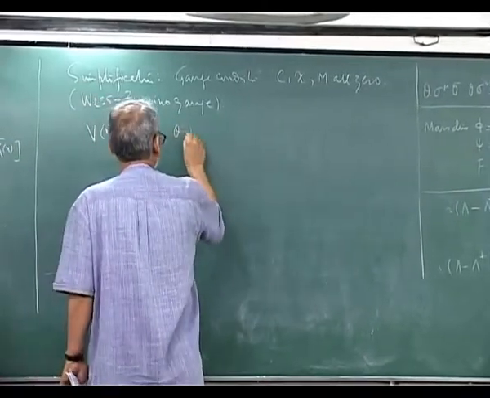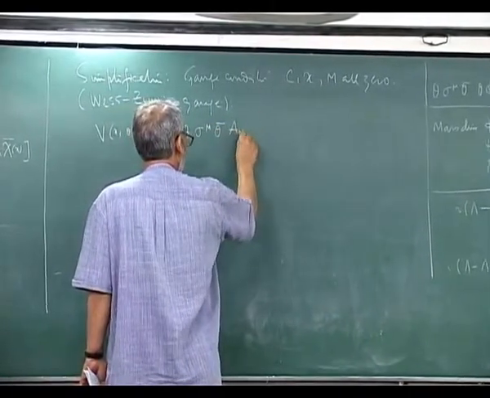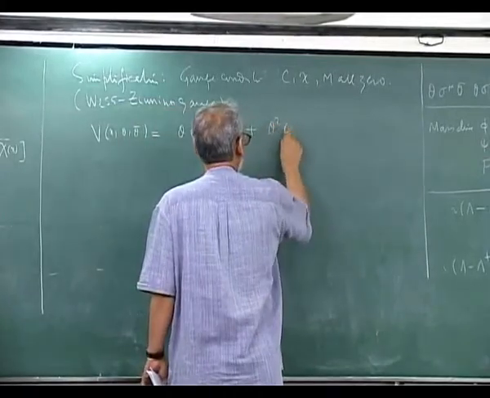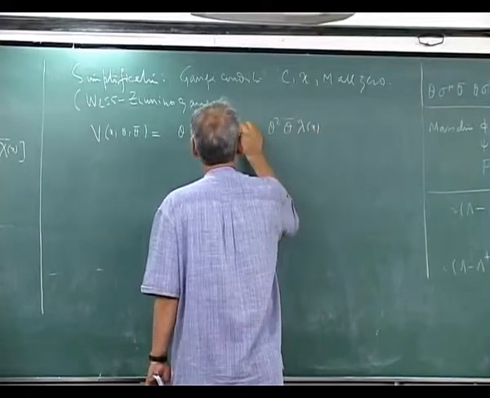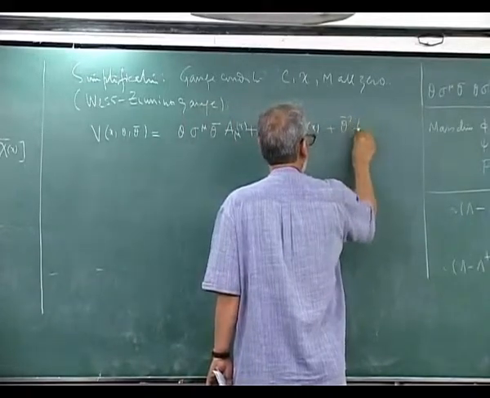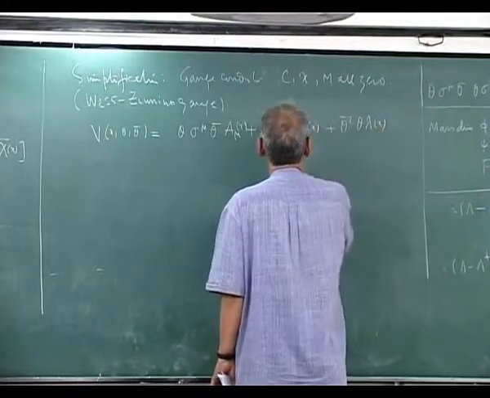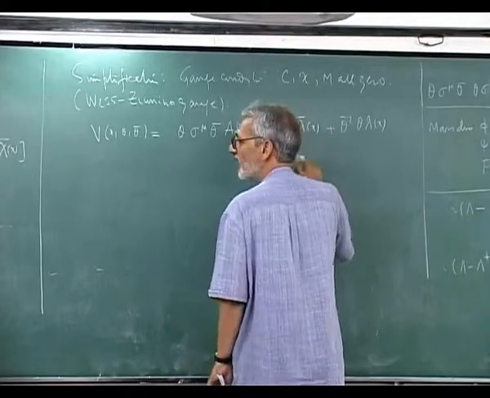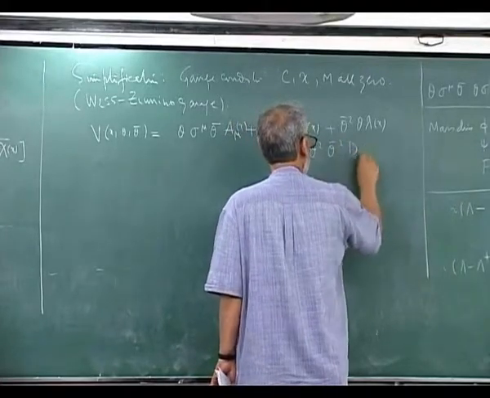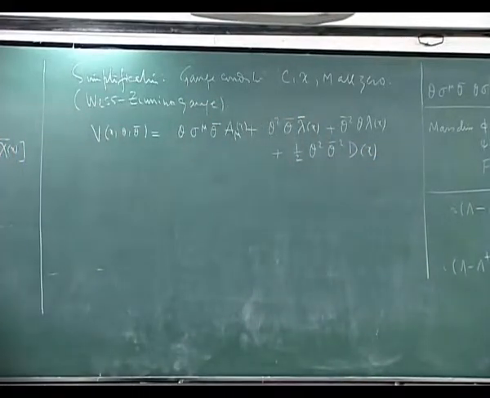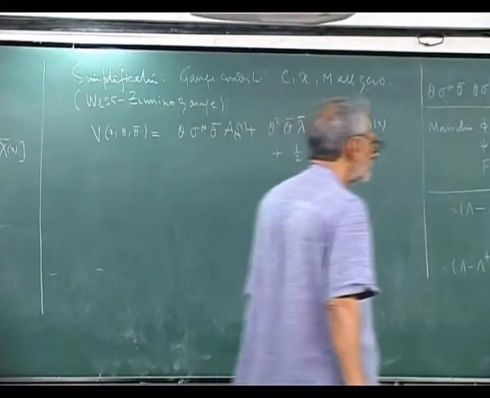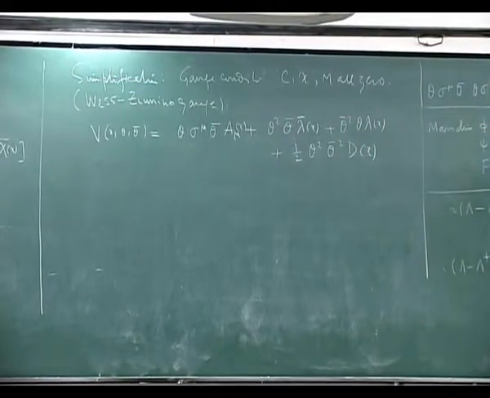It is theta sigma mu theta bar A mu, plus theta square theta bar lambda bar of x, plus theta bar square theta lambda of x, plus half theta square theta bar square d of x.